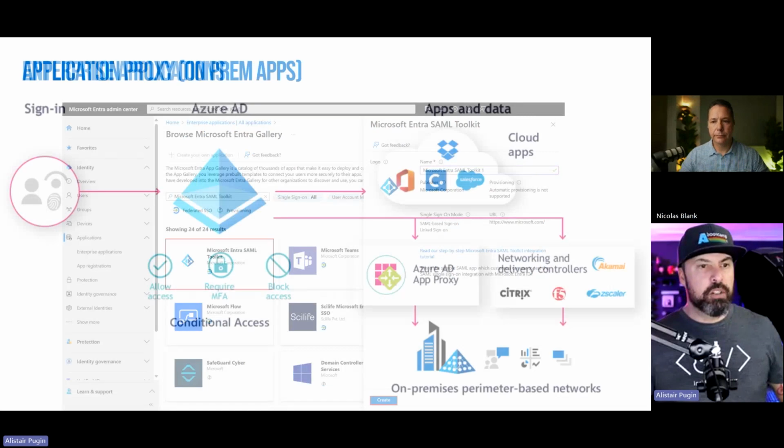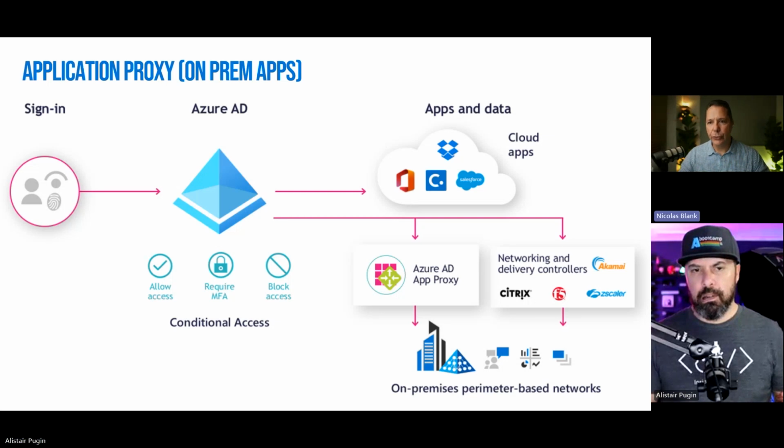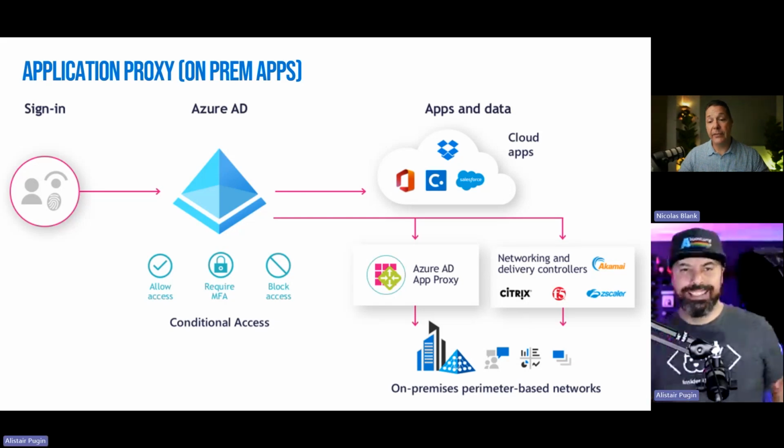And Nick, to what you were talking about earlier on, there's another way of getting applications, especially the applications that you're running on-prem, into your environment: using an application proxy. Nick, do you know of any customers that are running containers on-prem? Sadly, I do, Al. And they run Kubernetes containers on Windows servers, and then they figure out how to publish them.